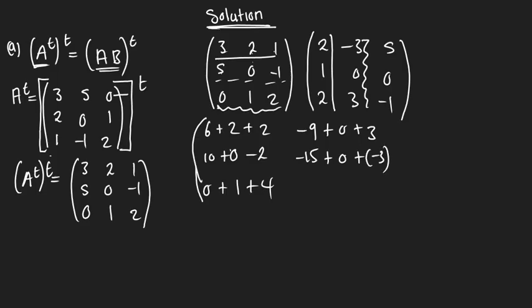And we come to this part, by the same thing. 0 multiplied by negative 3, it's 0, 1 multiplied by 0, it's 0, 2 multiplied by 3, it's 6. Then we come to this last part here. We do the same thing. 3 multiplied by 5, it's 15, plus 2 multiplied by 0, it is 0, plus 1 multiplied by negative 1 is negative 1. We cross the bracket. Then we do the same thing.